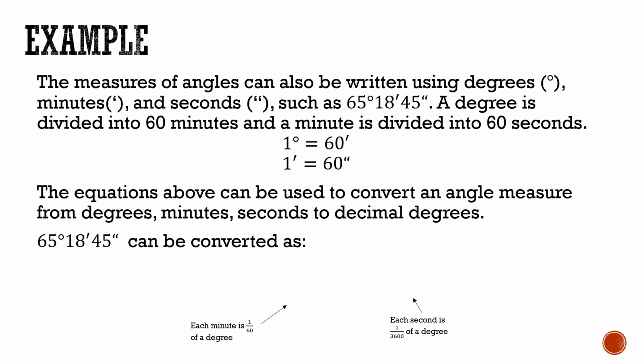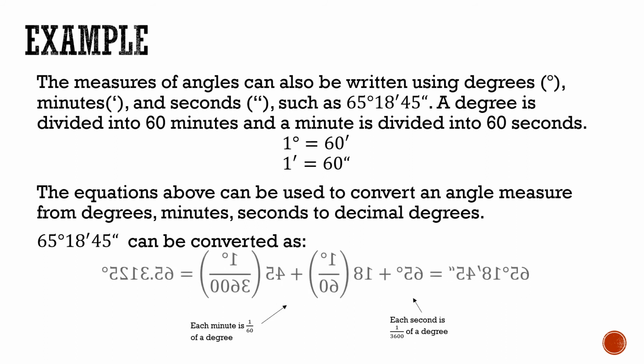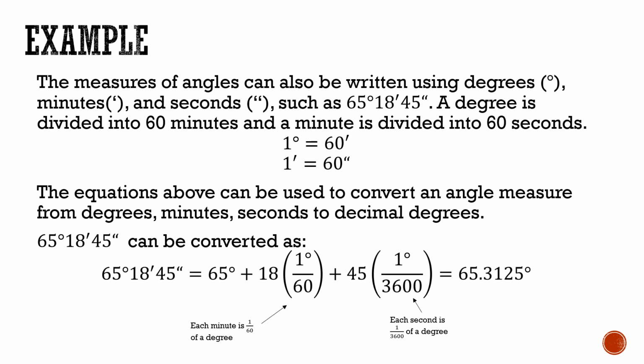65 degrees, 18 minutes, and 45 seconds can be converted as 65 degrees plus 18 times 1 degree over 60 plus 45 times 1 degree over 3600.